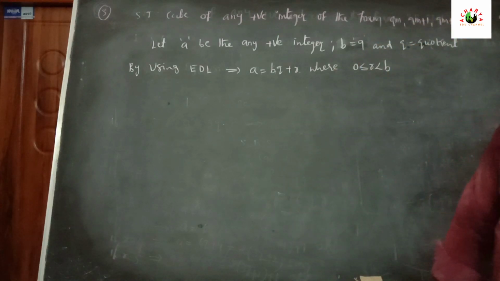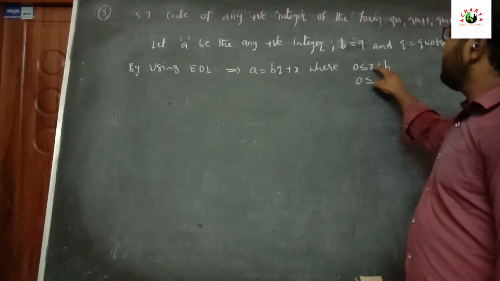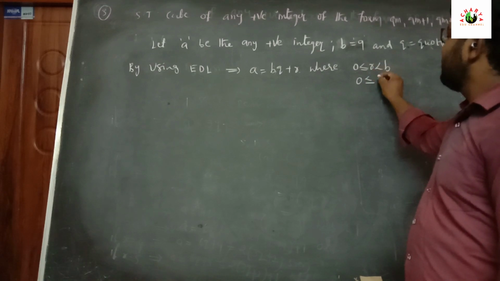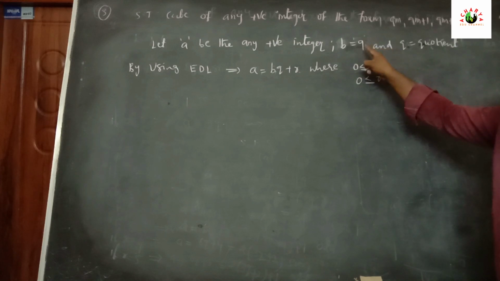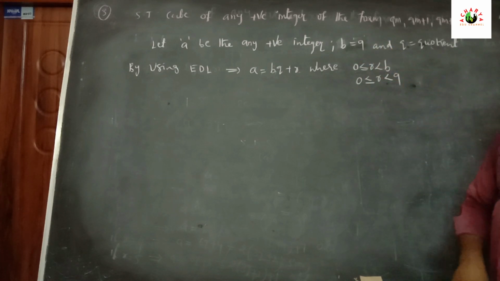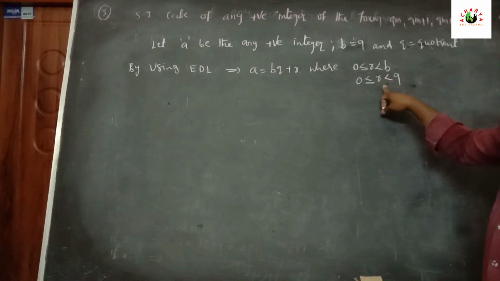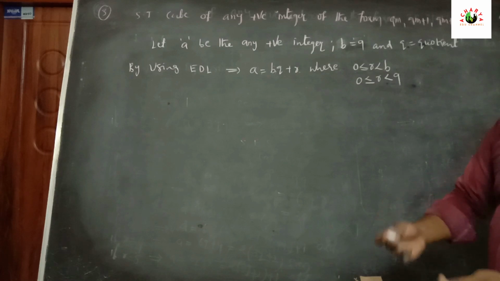So now 0 is less than or equal to r, and the remainder is less than the value of b. B means what here? Divisor. So b is equal to what? 9. So according to this condition, the possible remainders start from 0 and end at less than the b value.